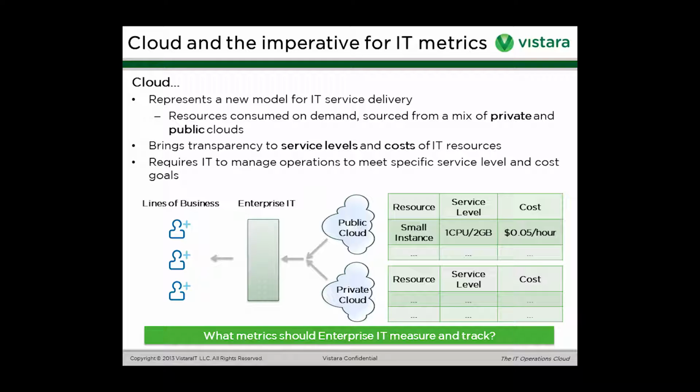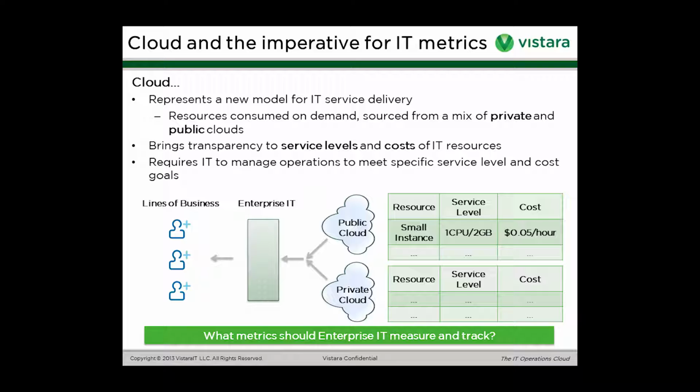The role of IT is surely but slowly changing to be more of an aggregator of IT services, sourced from a mix of private, internally delivered services, your classic IT services, email, compute, storage, network, from within your data center, and if you build a cloud, more of a private cloud delivery model.